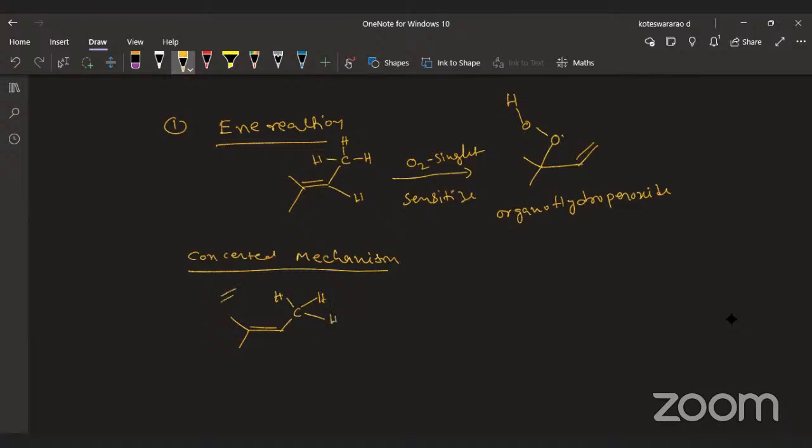Now this is singlet oxygen, right? The pi bonded electrons can be donated to this oxygen.